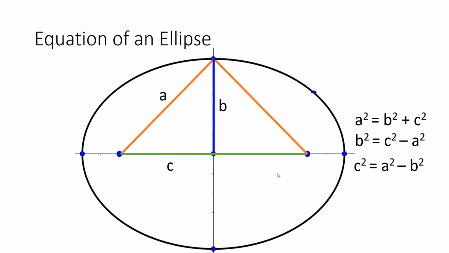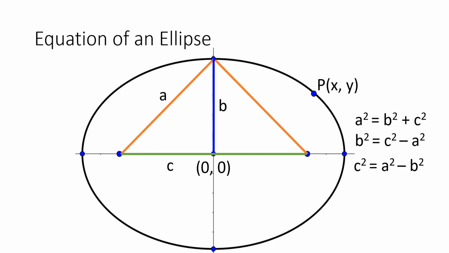Now, let's say we have a point on the ellipse, and let's label that point P with a coordinate of x, y. Let's say that the center of the ellipse is the origin.